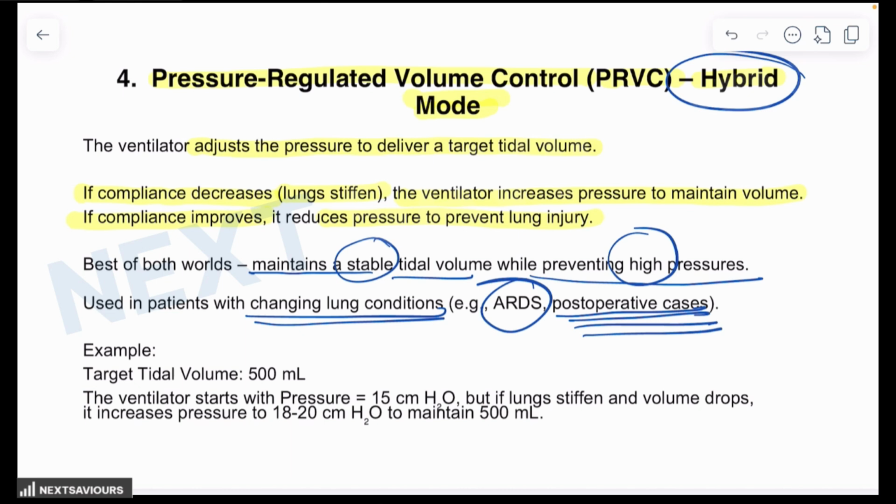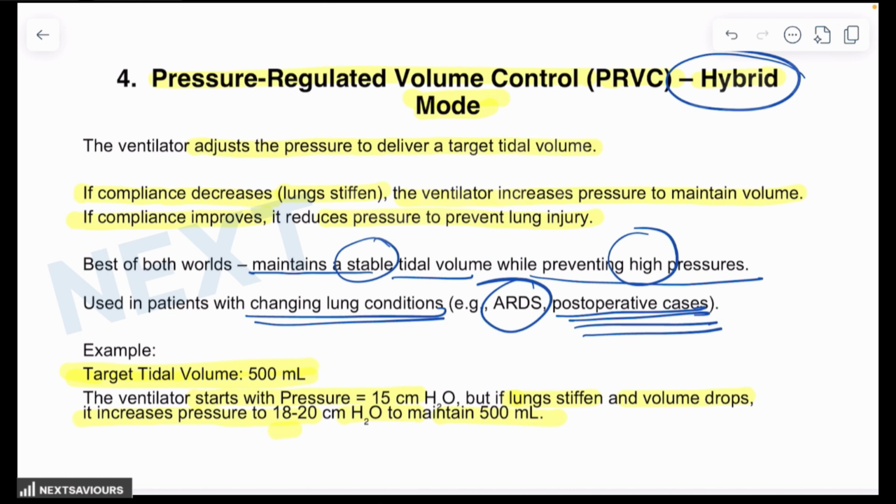If I give you one example, you have set the targeted tidal volume to be 500 ml, that this much flow has to be given to the patient. The ventilator starts with a pressure of 15 centimeters of water, but if there is increasing lung stiffness and the volume drops, then it increases the pressure to 18 to 20 centimeters of water in order to maintain this 500 ml of volume provided to the patient. So this is the importance of the hybrid mode.